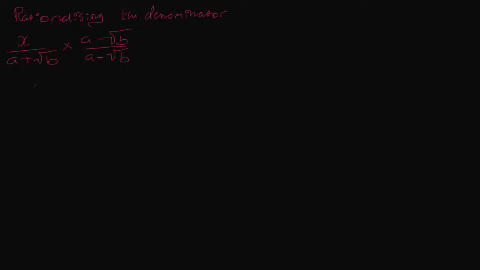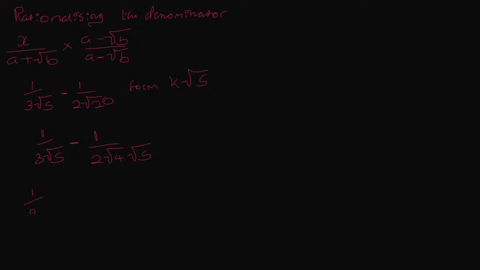So let's say we wanted to express 1 over 3 square root of 5 minus 1 over 2 square root of 20 in the form k square root of 5, okay? So how we do that is we do 1 by 3 square root of 5 minus 1 over 2 by square root of 4 by the square root of 5.